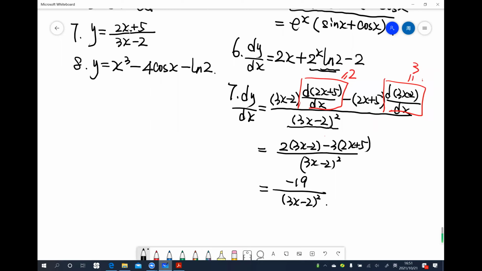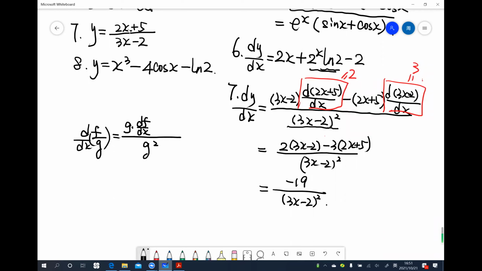And the quotient rule here, maybe you can write like this: d of (f over g), right? That equals to g squared here, right? And then here that is g times df by dx.